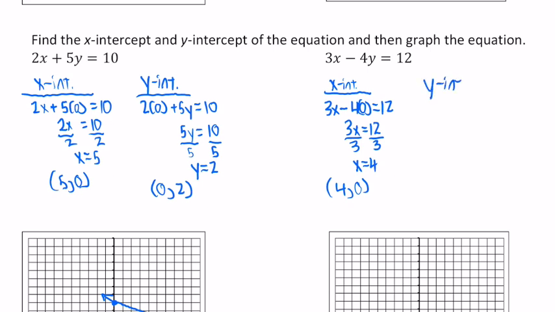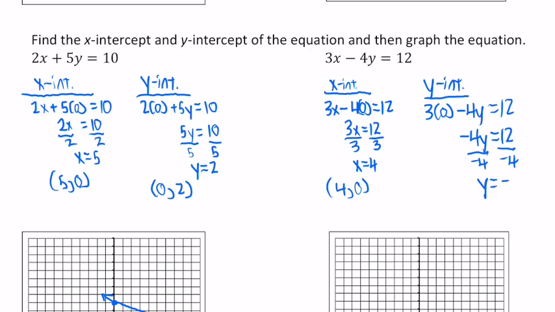To find the y-intercept, you put in 0 for x. In this equation, we would have 3 times 0 minus 4y equals 12. 3 times 0 is 0, leaving us with negative 4y equals 12. And to get y by itself, we divide both sides by negative 4.